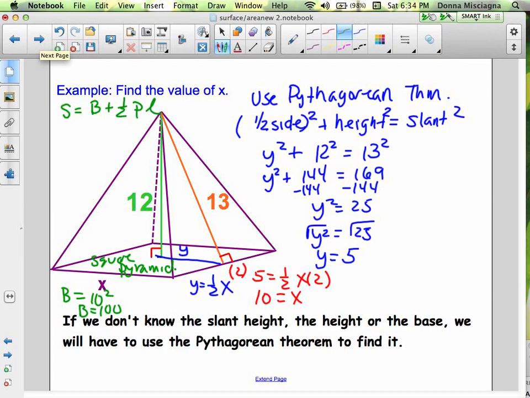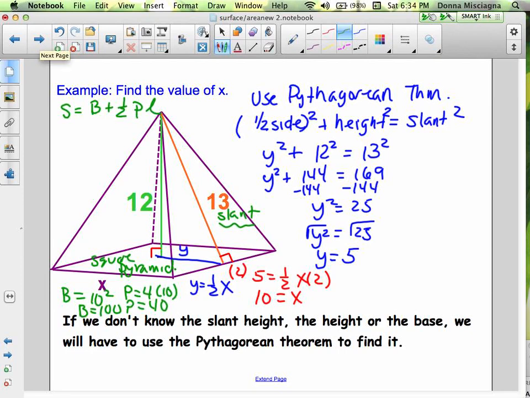And then our perimeter, it's a square, all the sides are exactly the same, so the perimeter is going to be 10 plus 10 plus 10 plus 10, or 4 times 10, because they are all exactly the same. So our perimeter is 40, and then here's our slant, 13.